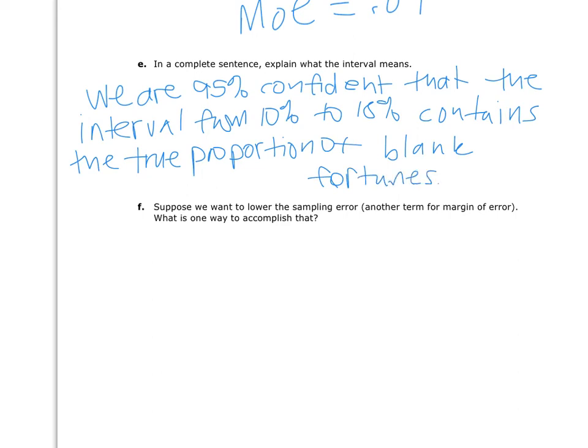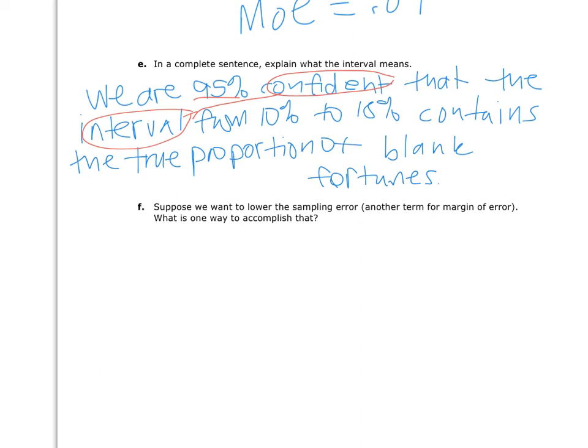So the key things there is we have to name our confidence level, and then we want to identify that the confidence is in the interval. The confidence or the probability is placed in the interval because that's what's random and is based on a sample.